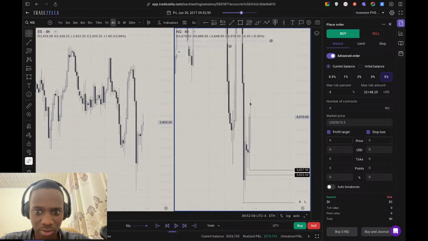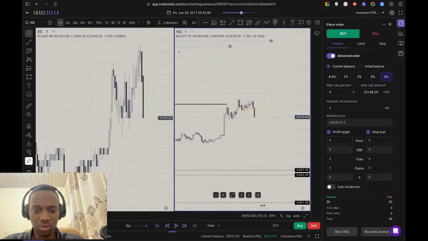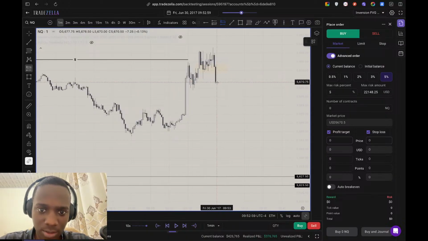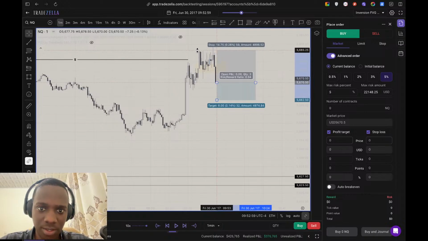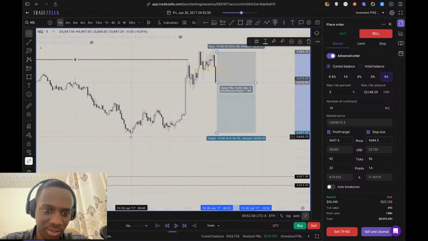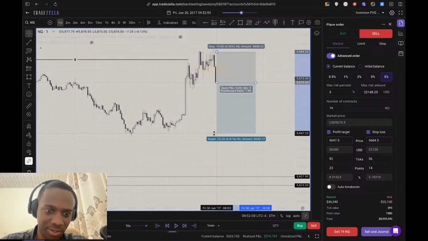So if this 4 hour could close bearish, then it would be good to go all the way to those lows, like the London lows and Asia lows, all the way there. We have relatively close here, by the way. This would be a very, very good draw.